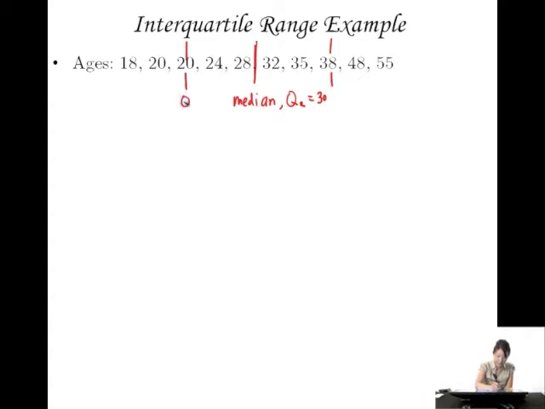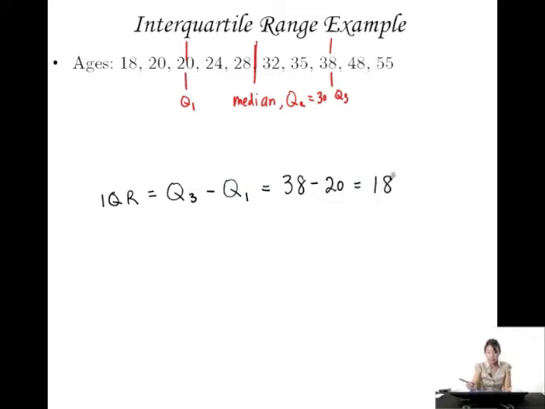And in order to find the interquartile range, sometimes called IQR, it's Q3 minus Q1. So in this case, it would be 38 minus 20. So our interquartile range is 18.